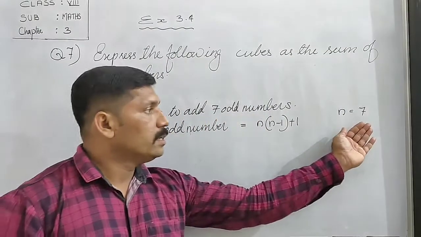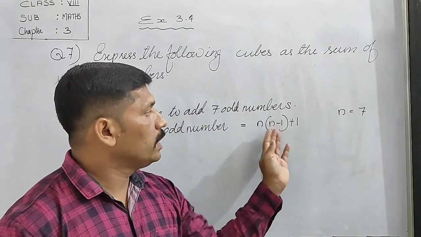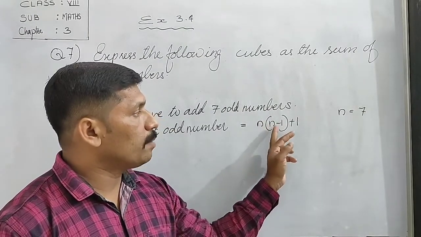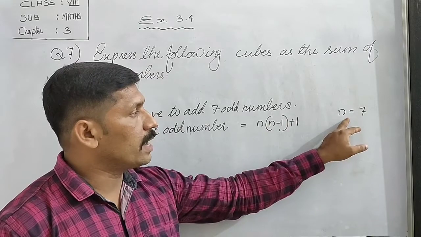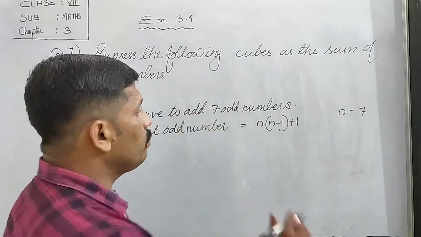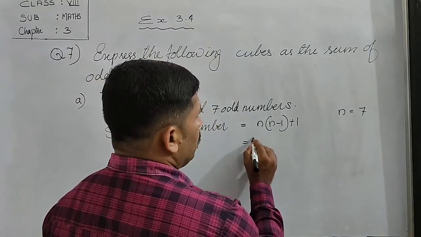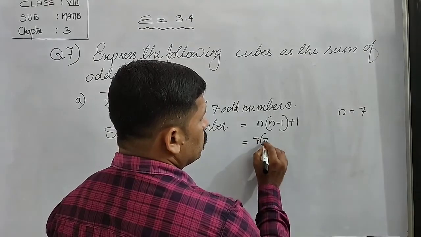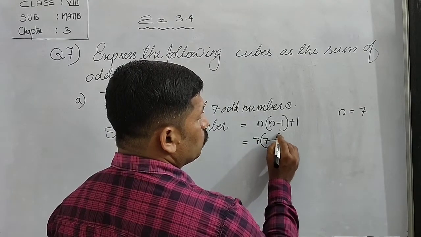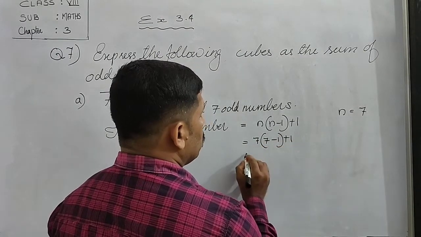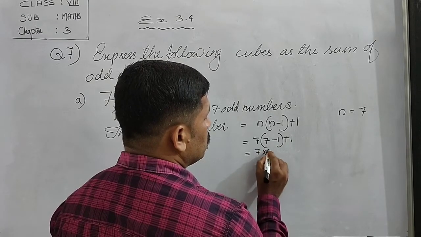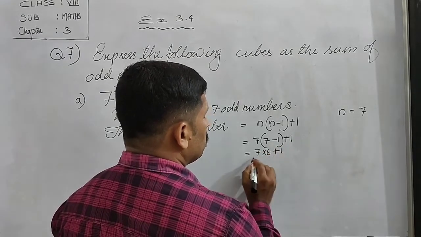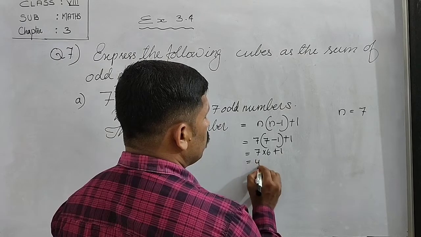So n into n minus 1 plus 1, with n equal to 7, is 7 into 7 minus 1 plus 1, that is 7 into 6 plus 1. 7 6s are 42. 42 plus 1, 43.